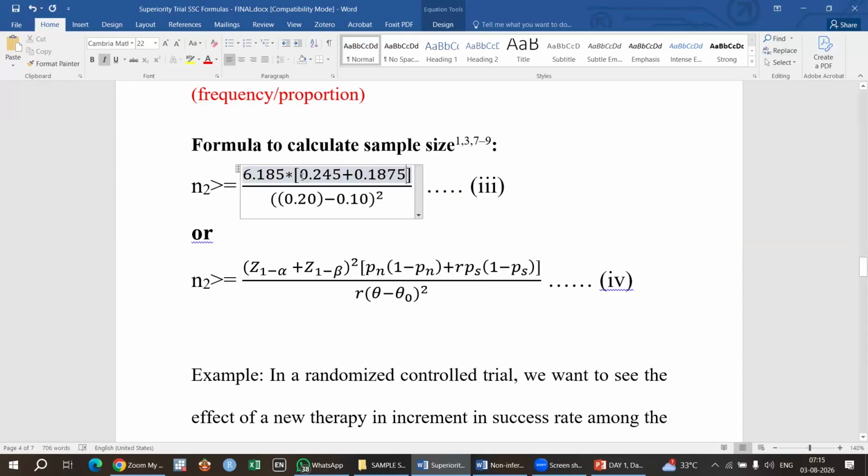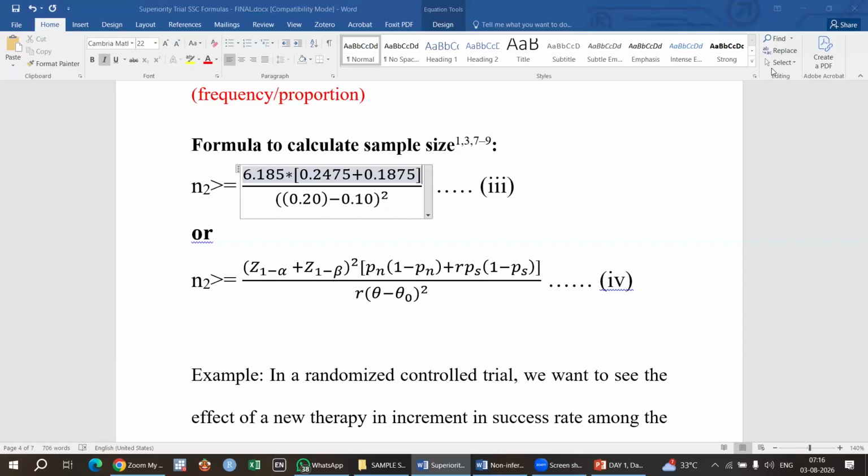Please add these two values and give me the answer. Hurry up. The superiority margin we can get from a previous study or clinical experience, there is no problem.